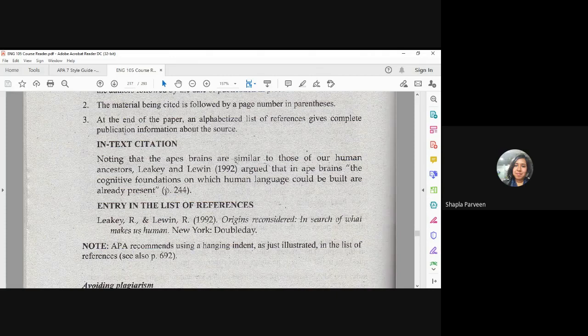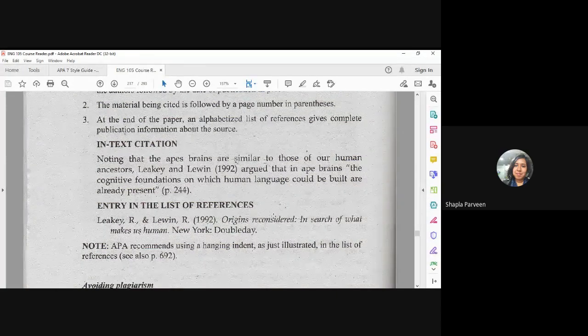After that direct quotation, at the end in brackets, you can also write Leakey and Lewin, comma, 1994, comma, p. 244, close bracket, full stop. So that's another way. You have a choice.